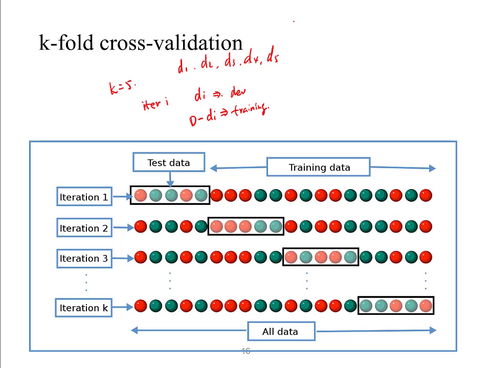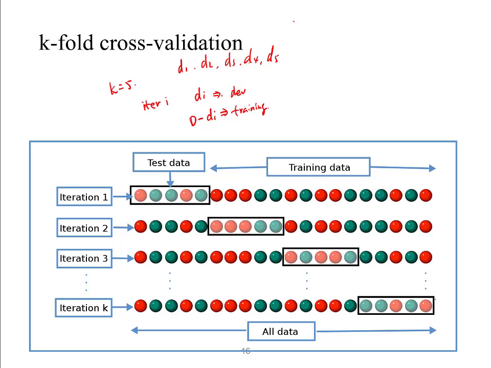As you can see here, for iteration 1, the first partition is used as test data, and the rest is used as training data. Iteration 2, the second partition is taken. Iteration 3, the third one, and for iteration k, the last one.